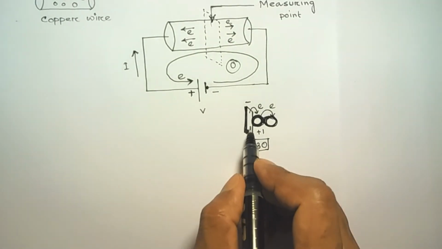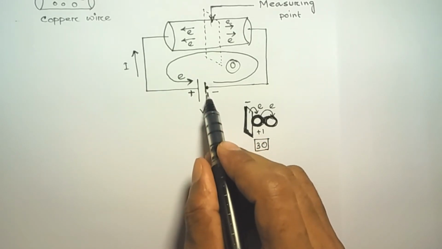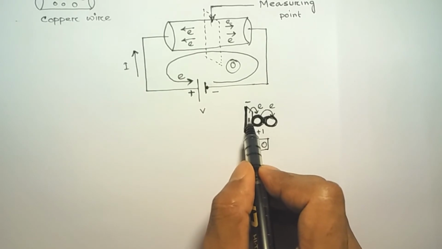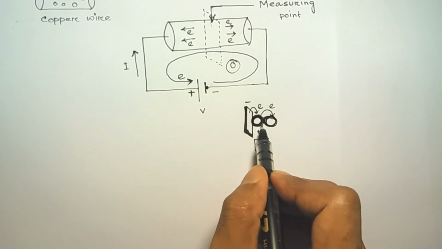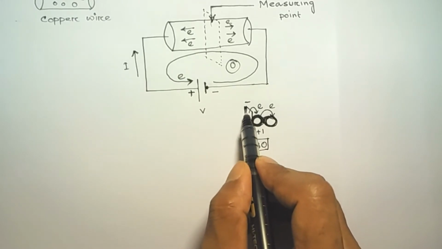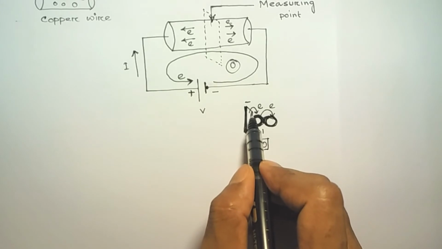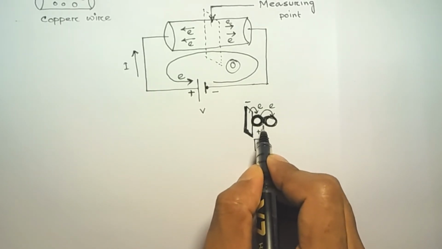This is the closer view of this part. This is the negative terminal of the battery, and this is the copper wire. This is the first atom connected with this negative terminal, and this is the second atom connected with this first atom. So this negative terminal of the battery will forward an electron to the first atom.